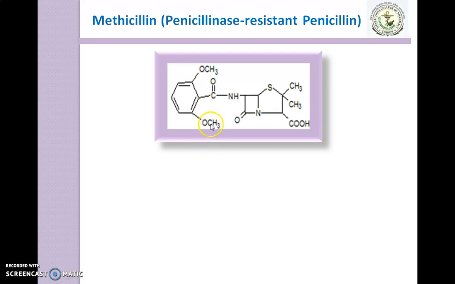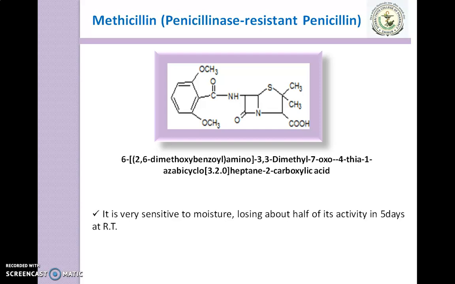So this increases the steric hindrance around this beta-lactam. So it protects the beta-lactam ring from degradation or inactivation by the penicillinase enzyme.